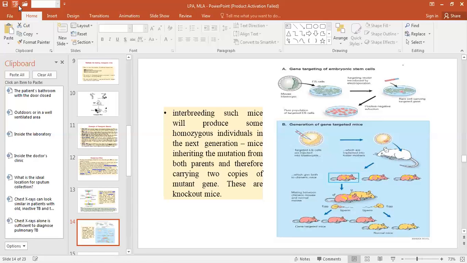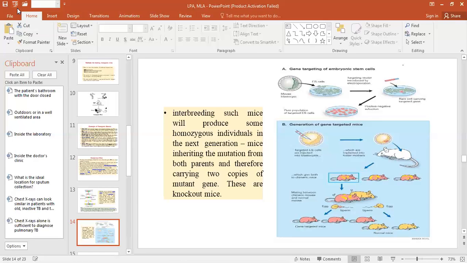The mutant gene is created in a bacterial plasmid, which is injected into mouse embryonic stem cells, usually from a male mouse. These cells are formed in a very early mouse embryo and will divide to form every type of cell in the body.